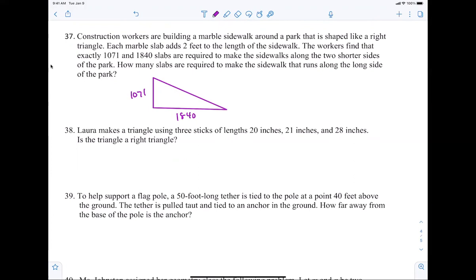Yeah, I don't understand why that was kind of silly. Does it say how many slabs are required to make the sidewalk that runs along the long side of the park? There's nothing to it, right? So I'm sure there's a relationship here, but you guys have your calculator, so just do that for me.